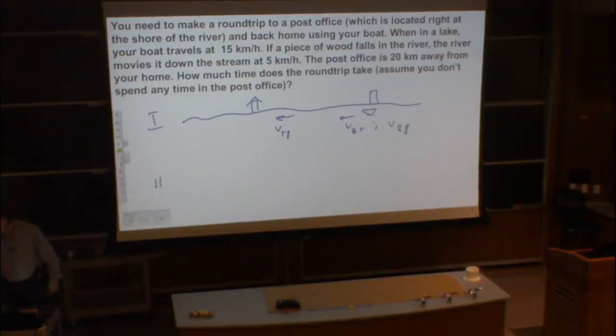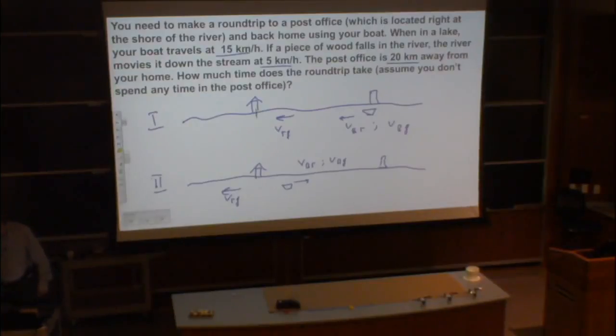And a second situation, still same velocity of the river relative to the ground, but the boat wants to go back to the home. So we still have velocity of the boat relative to the river, and still velocity of the boat relative to the ground. Now we get some numbers here.